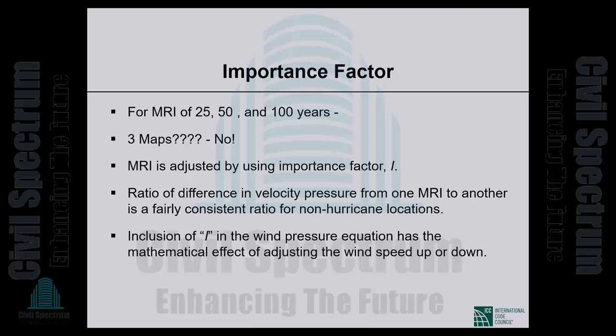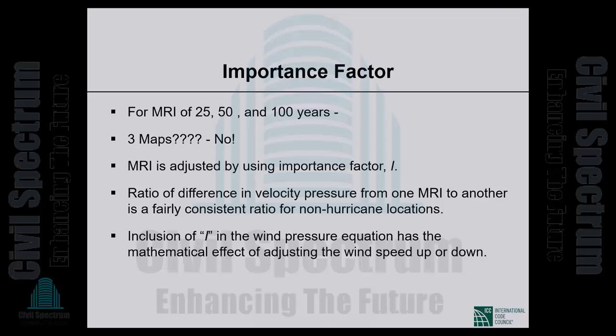And so we can convert to 100-year return period wind from 50-year return period wind using a multiplier, and that multiplier is called an importance factor. So if we take 50-year return period wind, multiply that by an importance factor of 1.15, we get, to a reasonable degree of accuracy, 100-year return period wind speed for design purposes.